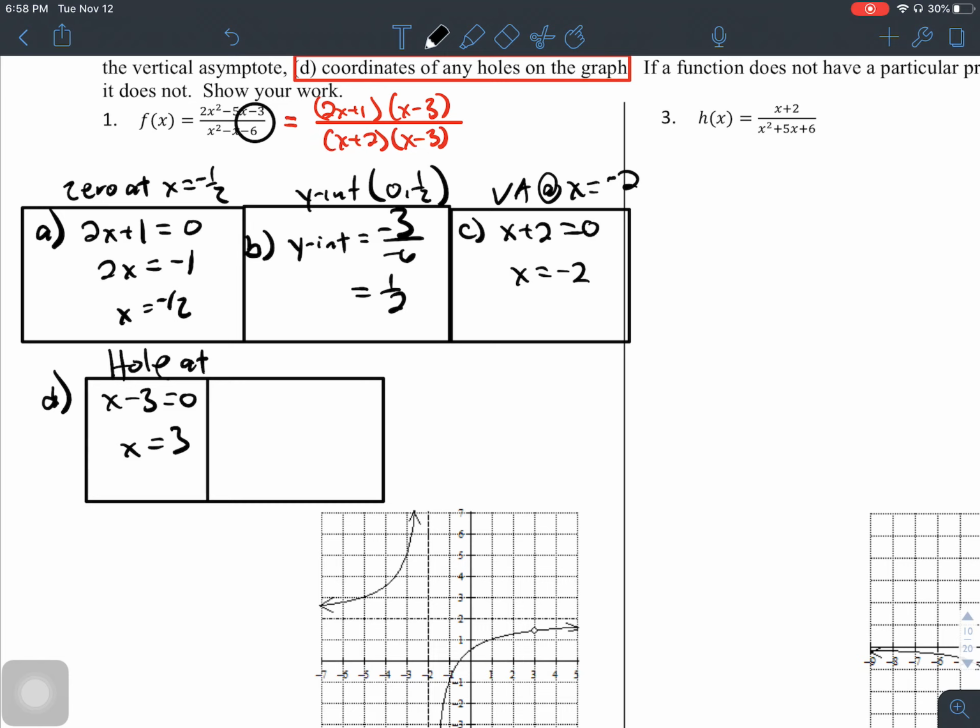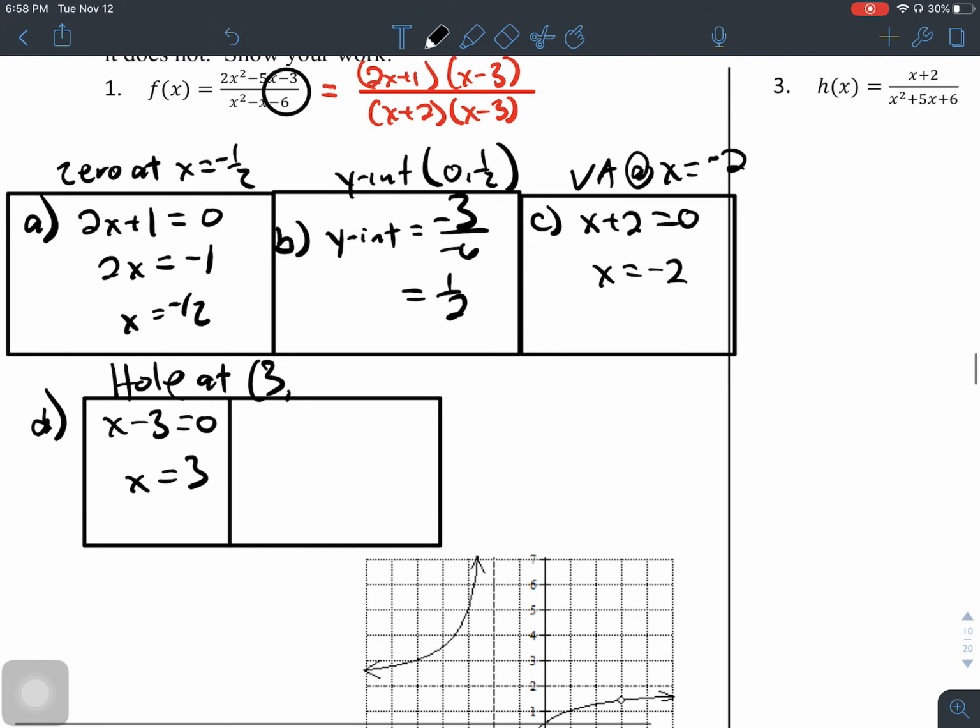So we have a hole at 3. We don't know what the y value is. Now if we plug a 3 back into this function, it's going to be undefined. So you have to plug it in after you've canceled factors. So this is going to be f of x equals, if you cancel the factors, we get 2x plus 1 over x plus 2.